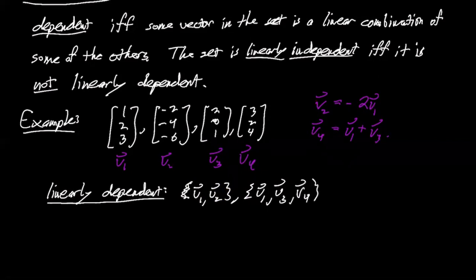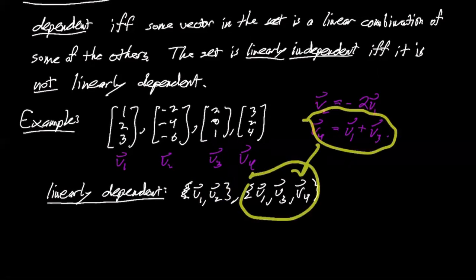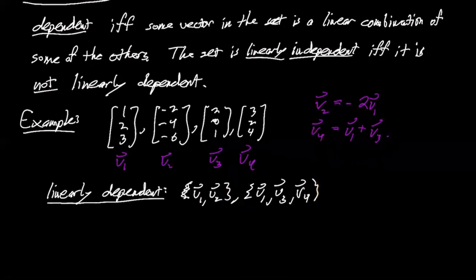Since v4 is v1 plus v3, that immediately means that this is a linearly dependent set. So these are from the relations above. But also, I want to mention that any set containing these vectors is a linearly dependent set.